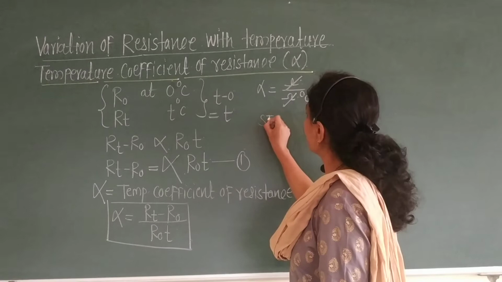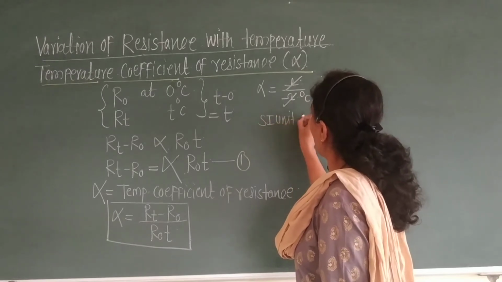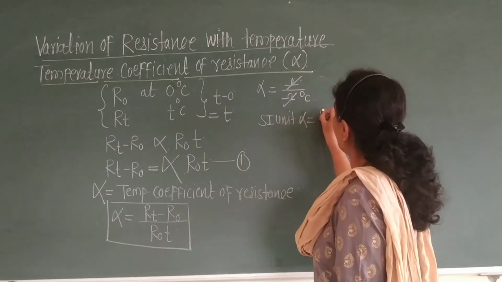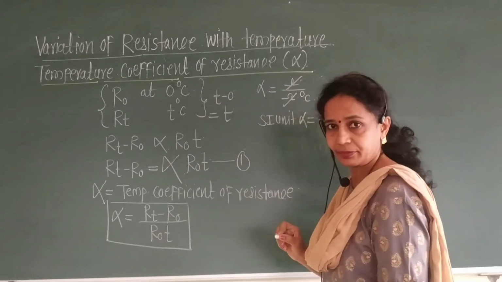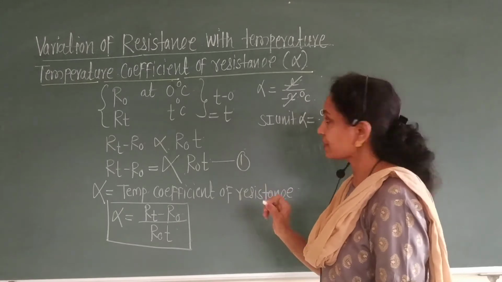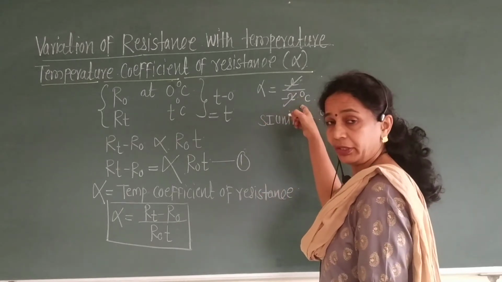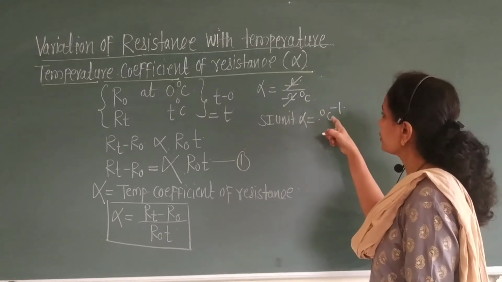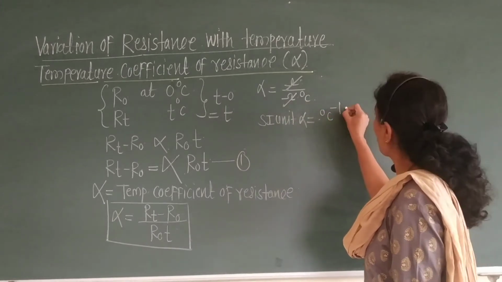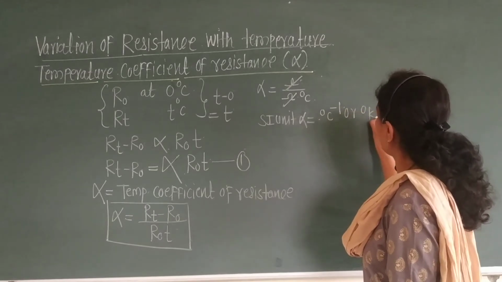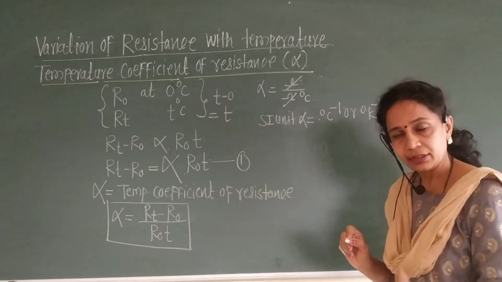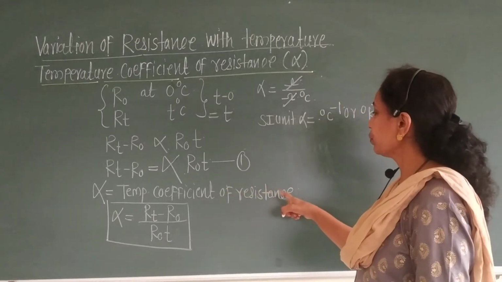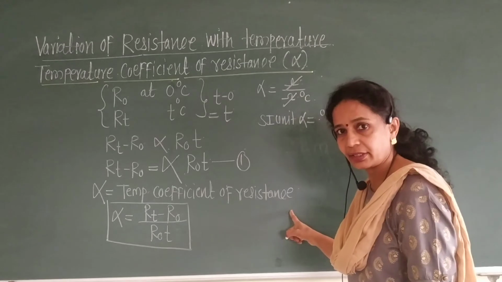Therefore SI unit of alpha is per degree Celsius, because degree Celsius is in the denominator, so its SI unit is degree Celsius inverse or Kelvin inverse. This is the unit of alpha, the temperature coefficient of resistance.